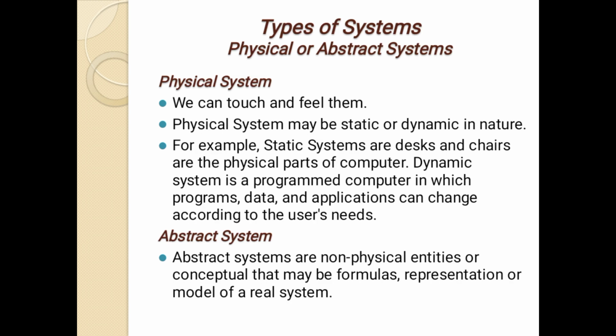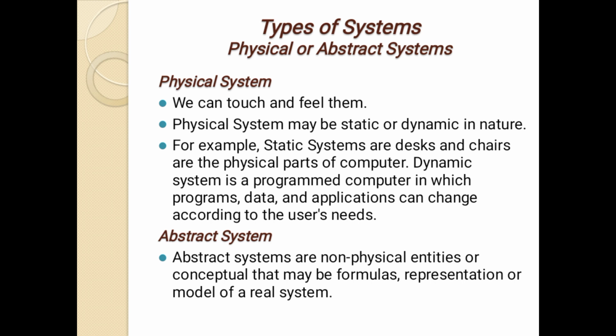Next, we are going to see types of system. In types of system, there are physical and abstract systems. In physical systems, we can touch and feel them. A physical system may be static or dynamic in nature.